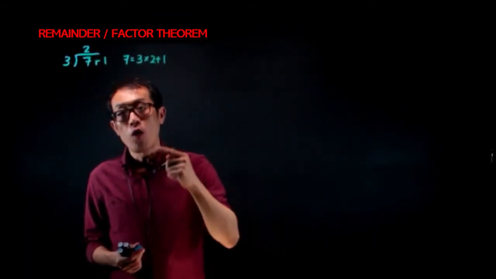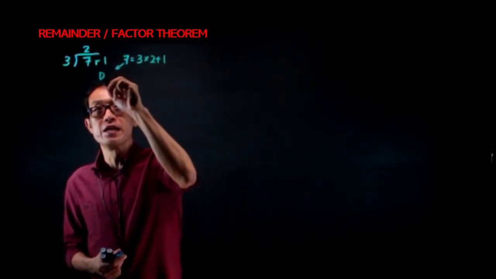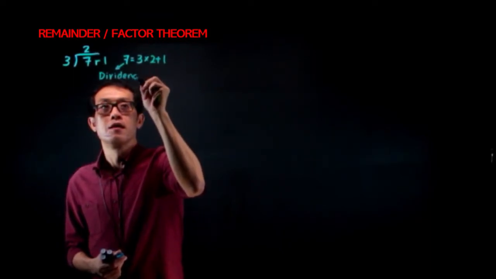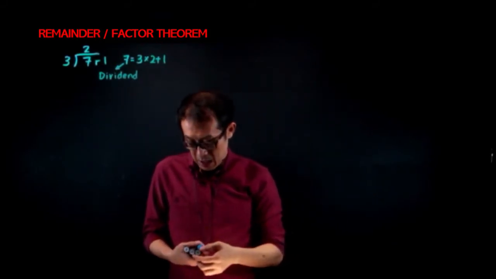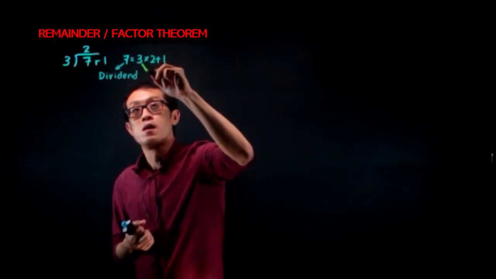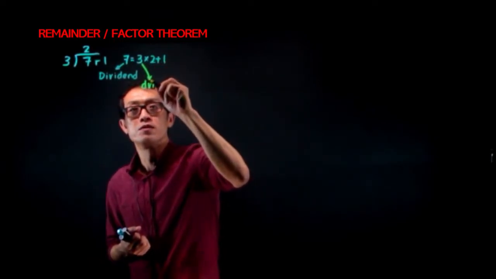Now, what do we call each of these things? This is called the dividend. Okay? And this is called the divisor.